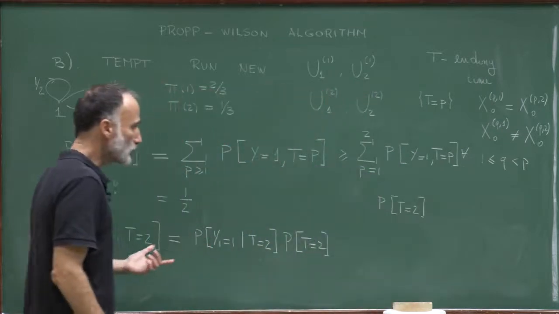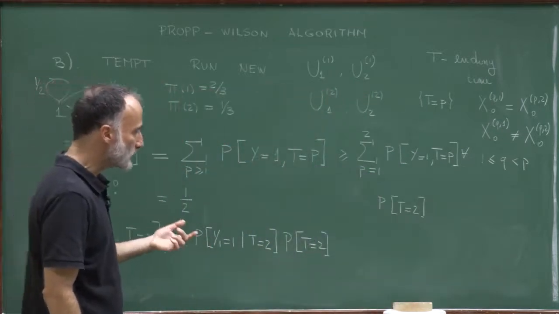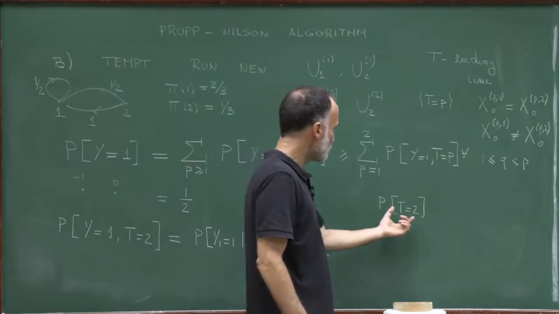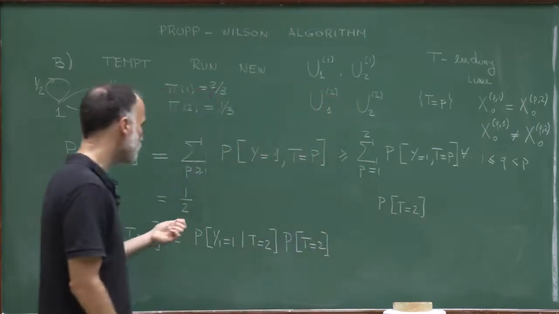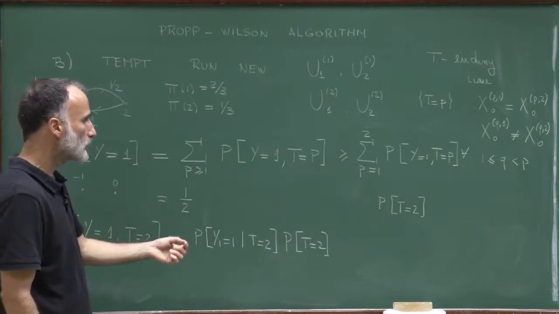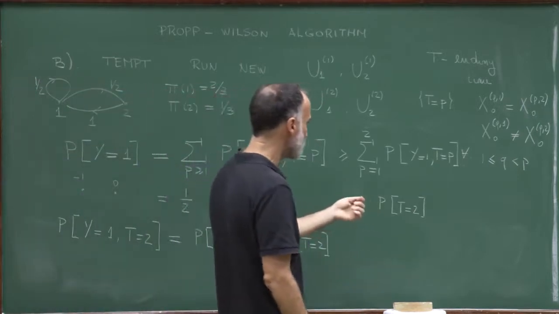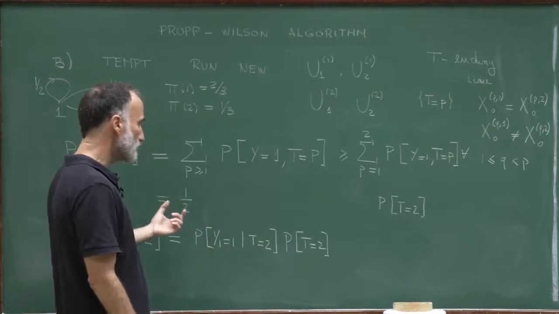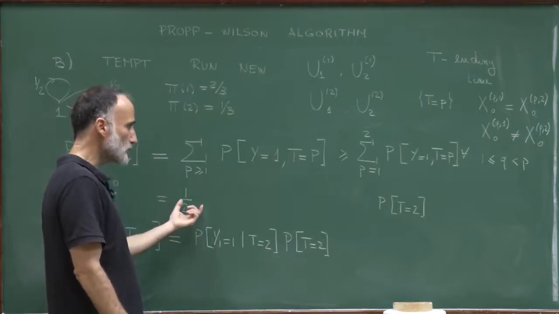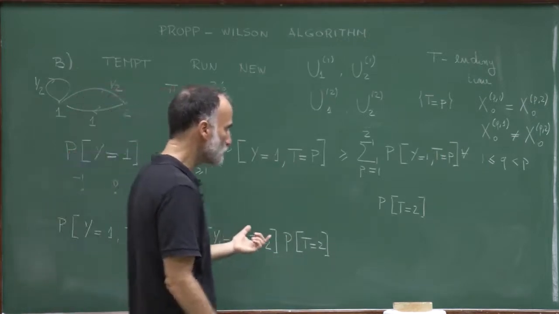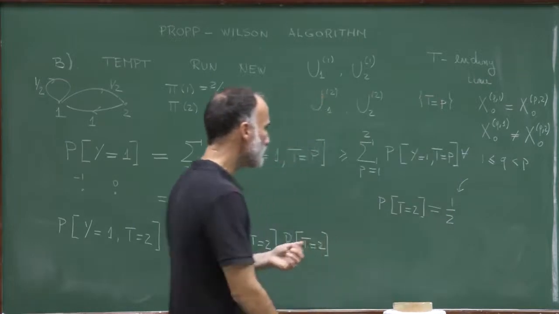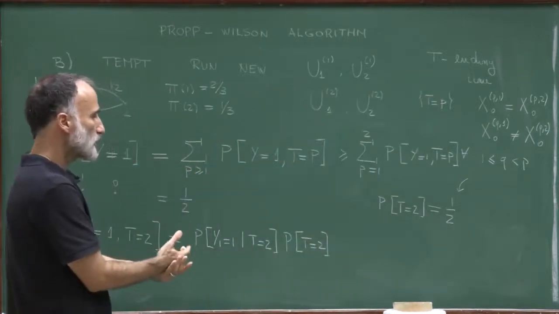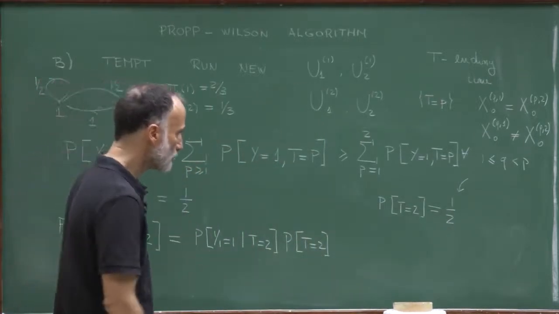Well, if t is equal to 2, what does that mean? It means that stage 1 of the process did not provide an output, but the second stage provided an output. The probability that the first stage provides an output is 1/2, so the probability that it does not provide an output is 1/2.